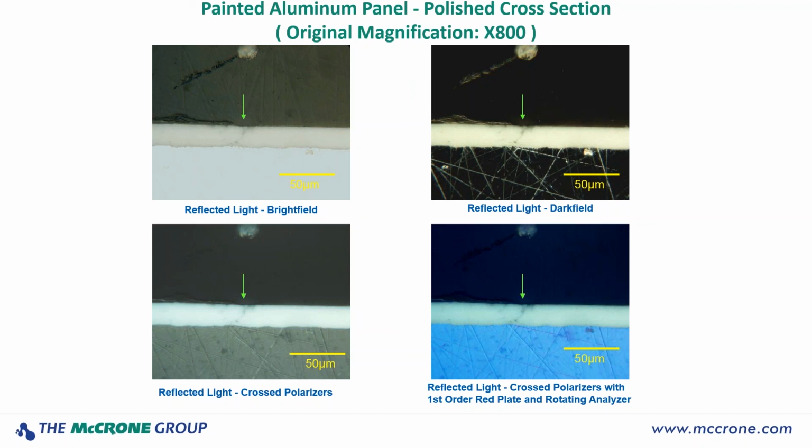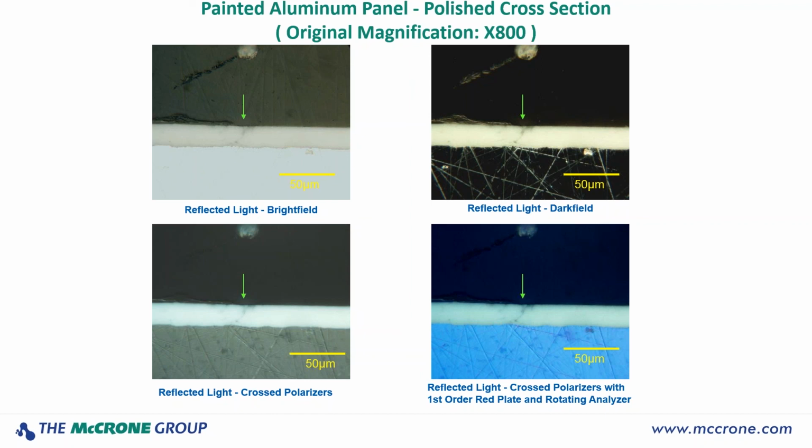If we look at it now with reflected light cross polarizers, let's insert into the light path above the objective lenses a filter known as a first order red plate. It's a retardation plate that retards light by in the neighborhood of 550 nanometers, I believe. And we have our rotating analyzer above that, leading toward the eyepieces.